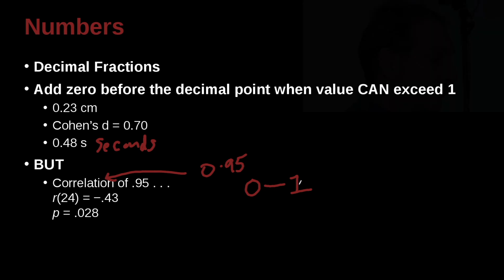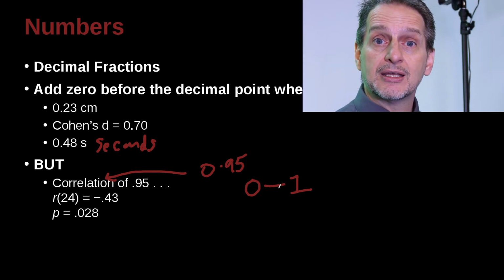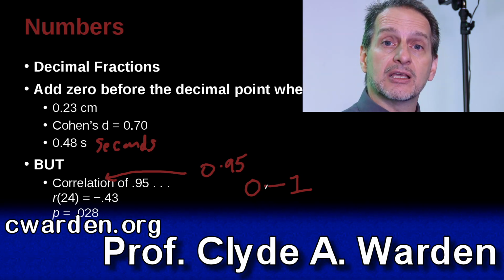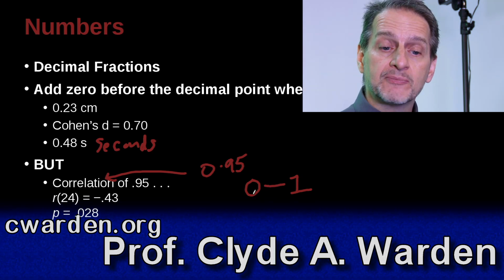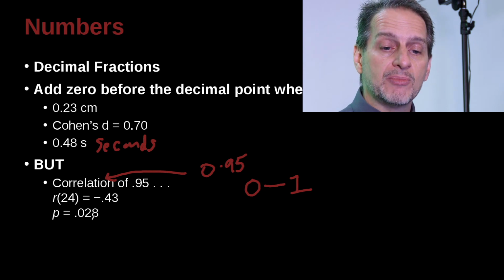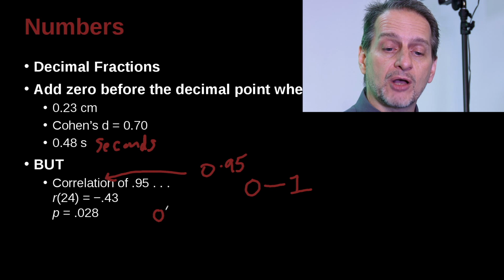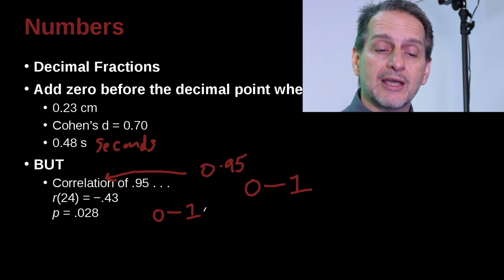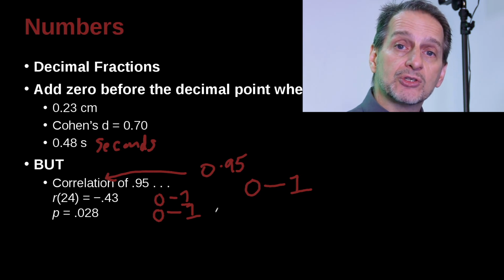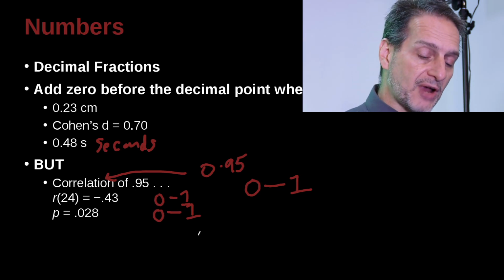And if it cannot be bigger than 1, then you cannot add the 0. So in this case, it would be no 0 at the beginning. The same is true for an R value or a P value, because P can only range from 0 to 1, and R also can only range from 0 to 1. So you never use the 0 in front of the fraction.